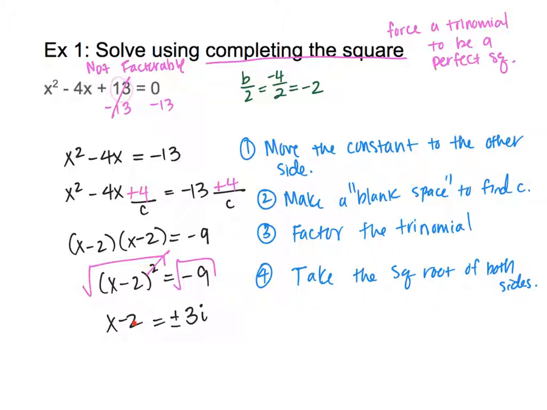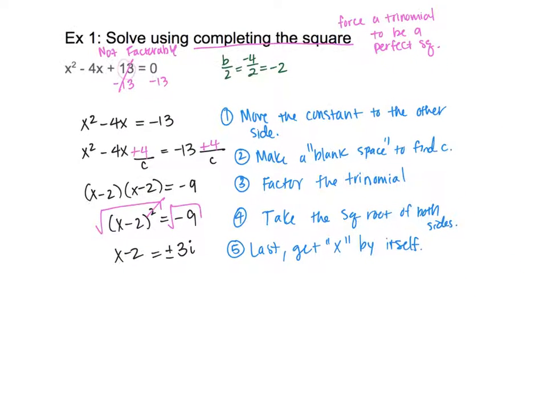Now, I need to move over this 2 here first. So basically my last step here is to get x by itself. So to get x by itself here, all I need to do is add the 2 over to the other side. But when I add this 2 here, notice how that's an imaginary number and that's a real number.